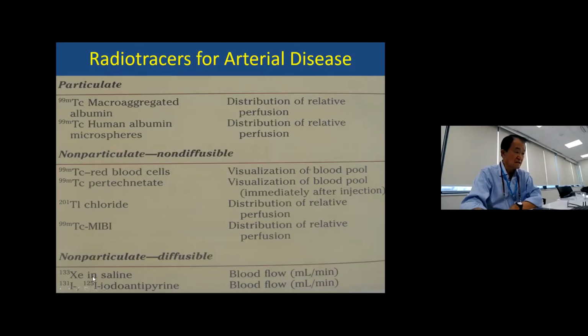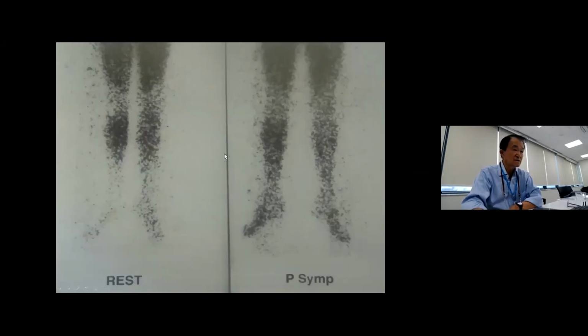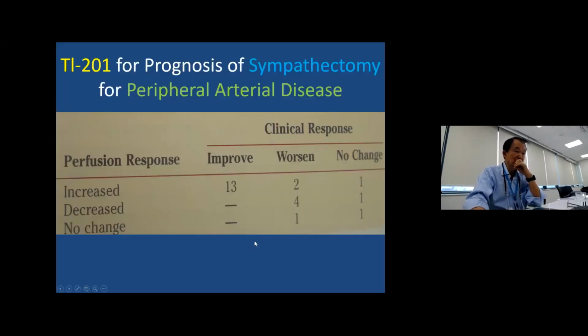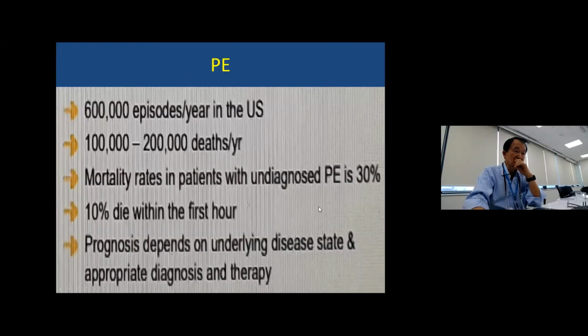And so in peripheral arterial disease, in resting and with some stimulation, it shows some difference, and if there's any asymmetry and certain peripheral vascular disease, it shows less activity. That's also old.